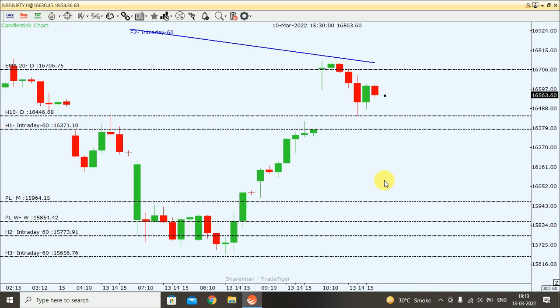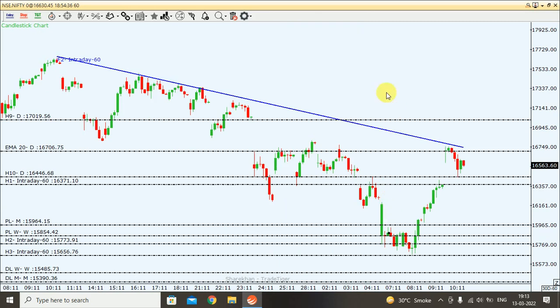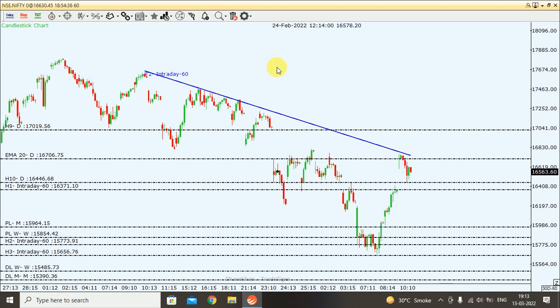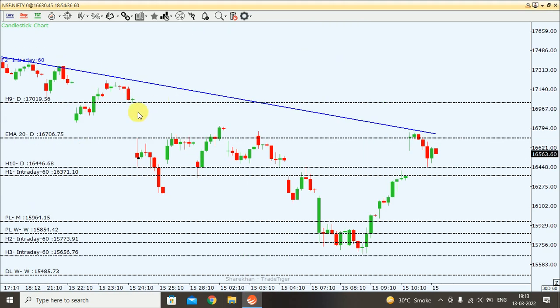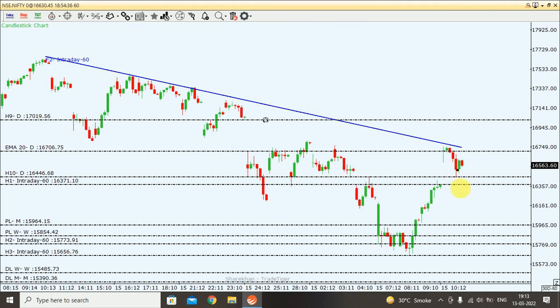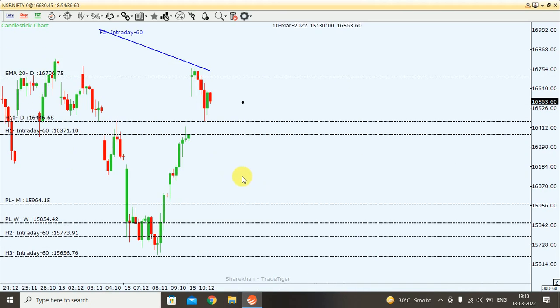But if at all we start trading above 16,700, then definitely we will see some strength in the chart, and this gap can be filled, okay, which was created on February 23 because of the gap down opening. So we may head till 17,000. So in the next week we may see a big move on the upside or on the downside. Possibility of the move on the downside is more.